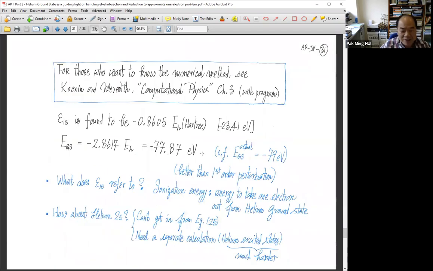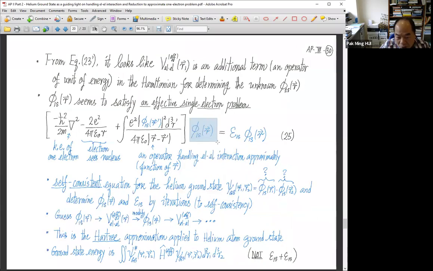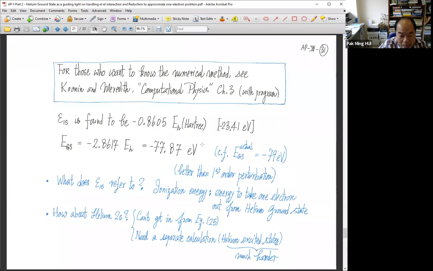The answer is, after you do that, the 1s eigenstate is this, but that's not the end of the story, because that means you also know phi 1s. Then you construct phi 1s of R1, phi 1s of R2, and go back to the helium Hamiltonian and look for the expectation value. That will be your energy. The energy is this number, in eV is this.